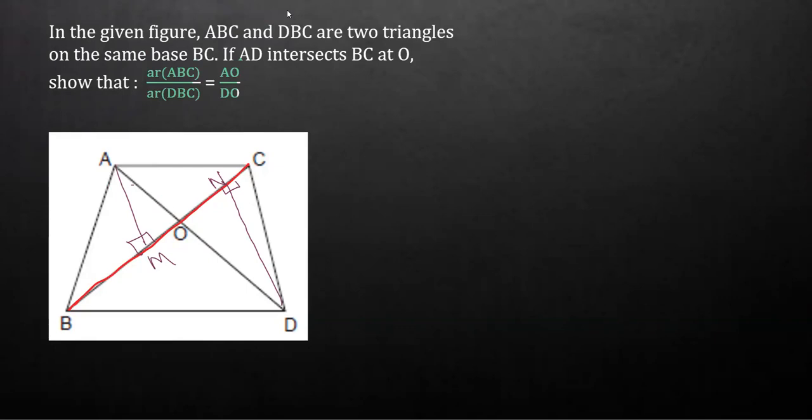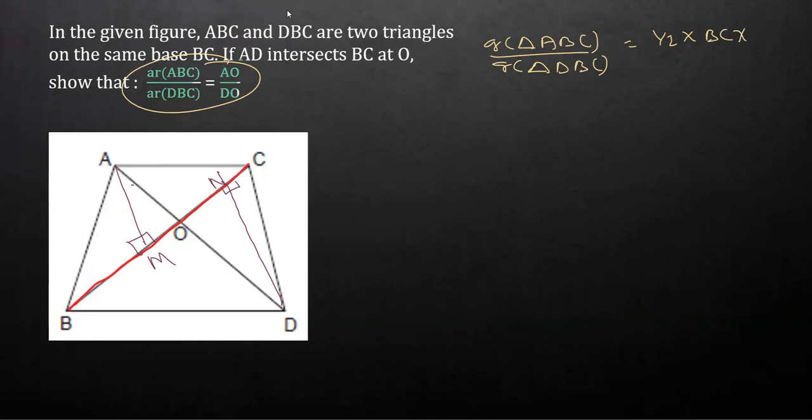First we'll write the formula for the area of a triangle. Area of triangle ABC over area of triangle DBC is equal to half into base BC and altitude AM, as it is given in the figure. And for the other triangle, half into base, which is the same BC, and the altitude is DN.